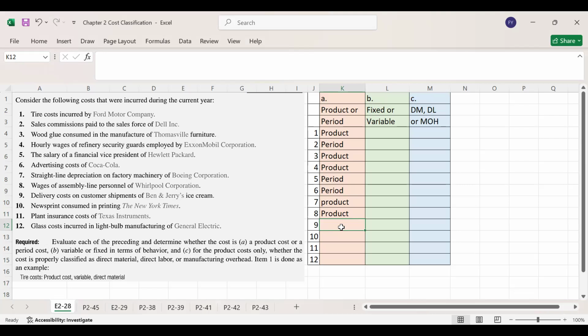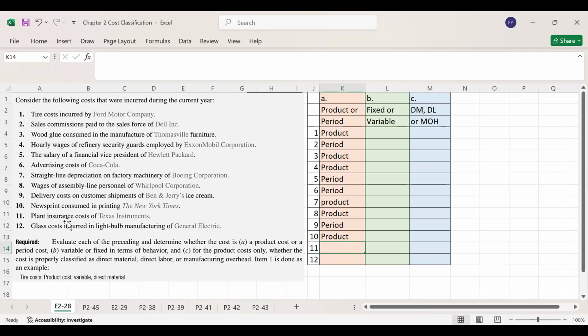So this is a period cost. Then newsprint consumed in printing the New York Times, a famous newspaper. For a newspaper, newsprint is directly associated with the production of the product, so the cost of the newsprint is a product cost.